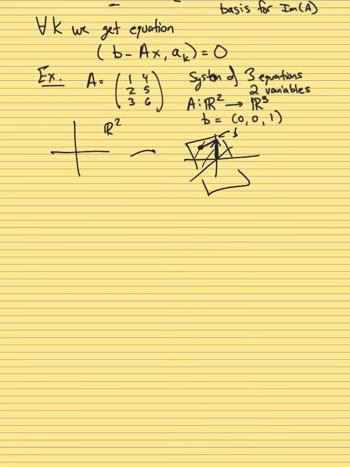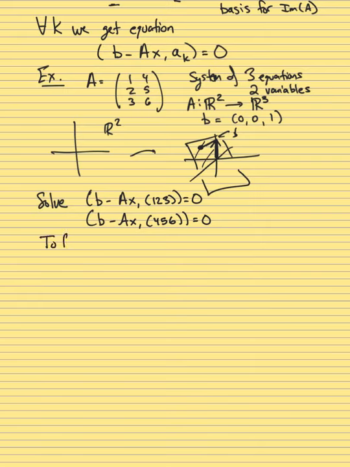What we need to do is solve: the inner product of B minus AX with (1, 2, 3) is equal to 0, and B minus AX with (4, 5, 6) is equal to 0. Those two vectors are a basis for the image of A. So these are the equations that we want to solve. How do you find something orthogonal to (1, 2, 3) and (4, 5, 6)?